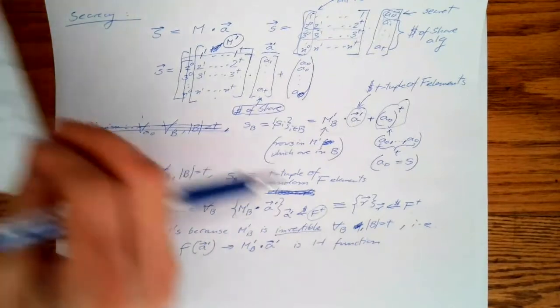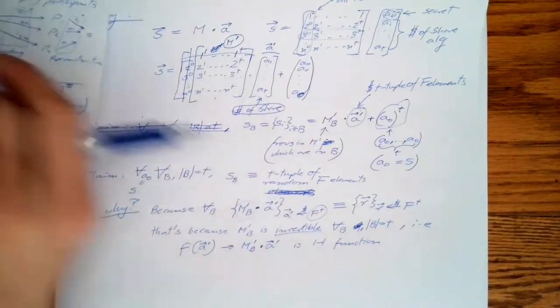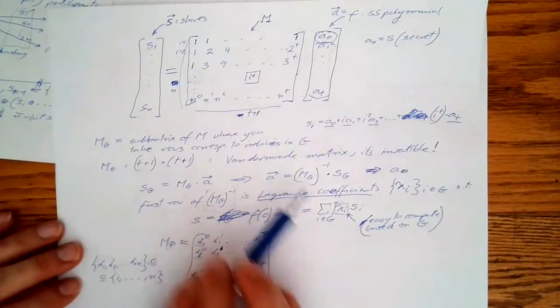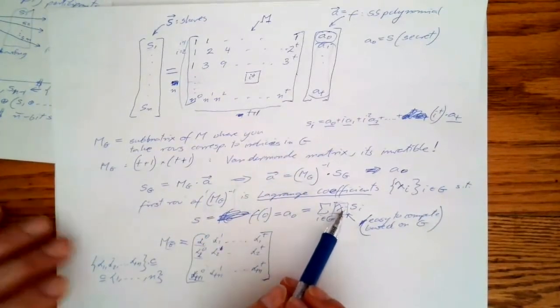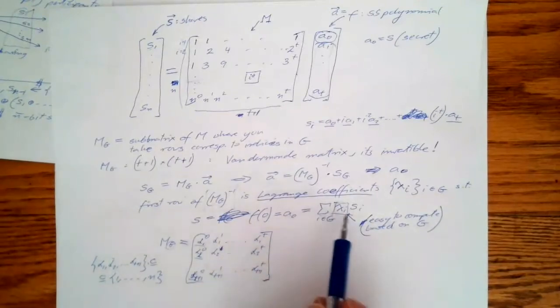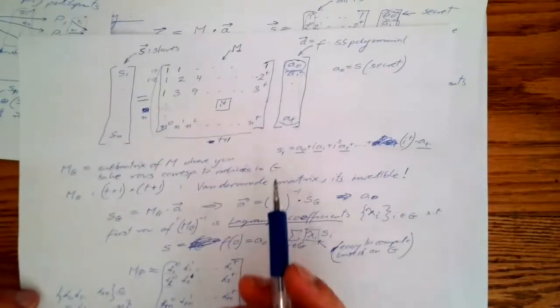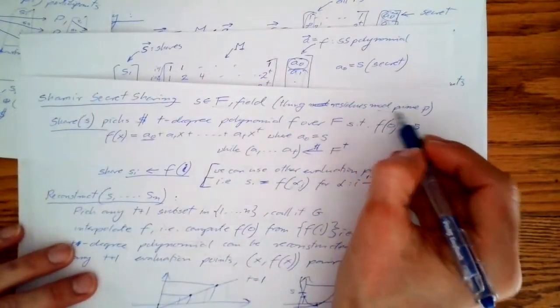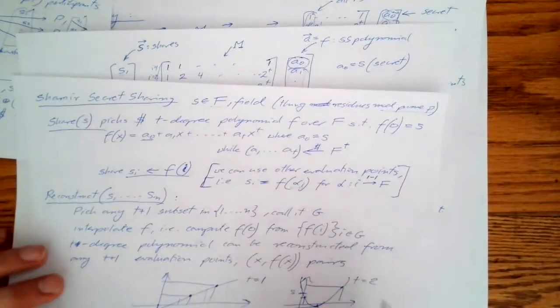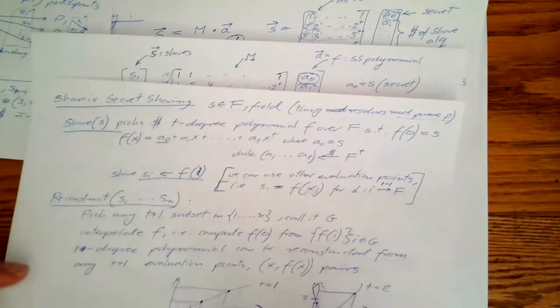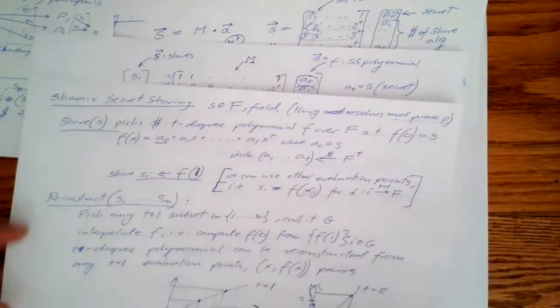I also need to divide to reconstruct, right? Because reconstruction worked through division. And even though I'm interested only in the first row, the Lagrange coefficients have divisions in them. Okay. And why can I divide? Because it's a field, right? So that's why we took modulo prime, so that division of everything is possible, except for a zero element.